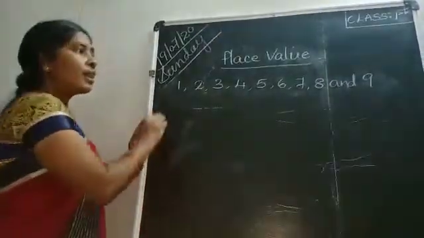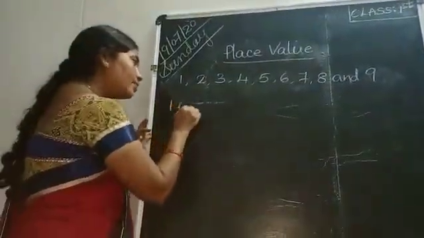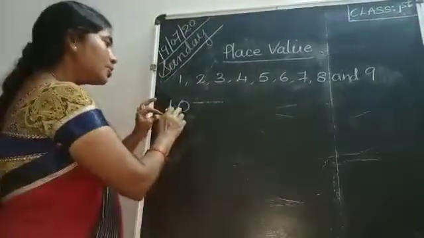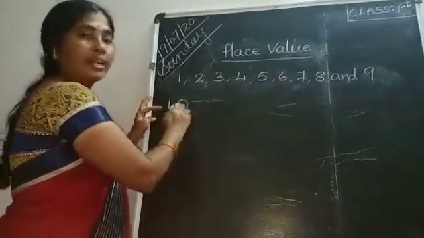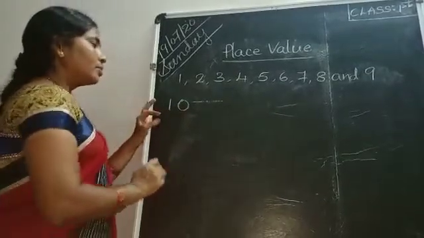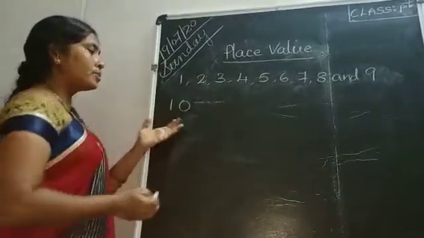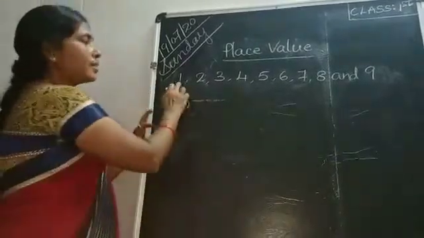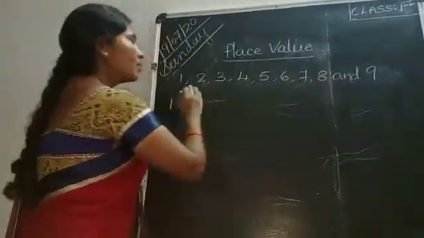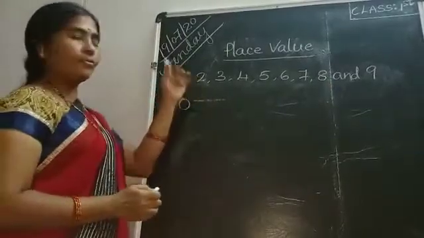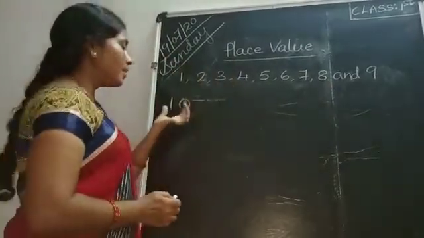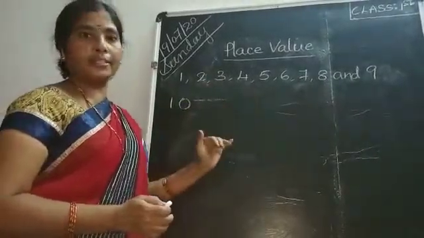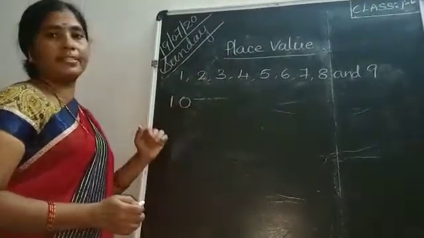But when we are writing 10, we need two places, because 0 in 1's place, 1 in 10's place. These are one digit numbers, so here we need one place only. But when we are writing two digit numbers, we need two places, ones and tens.